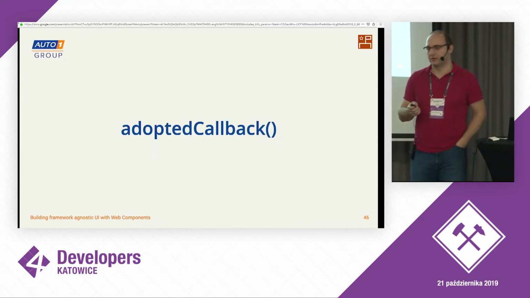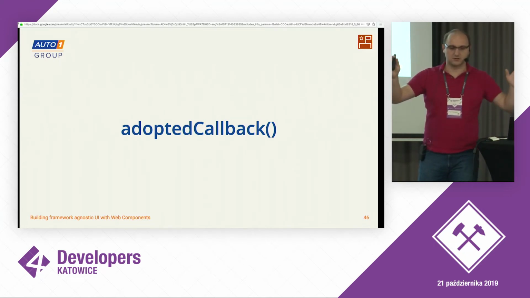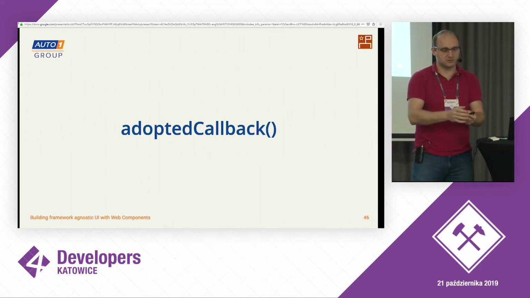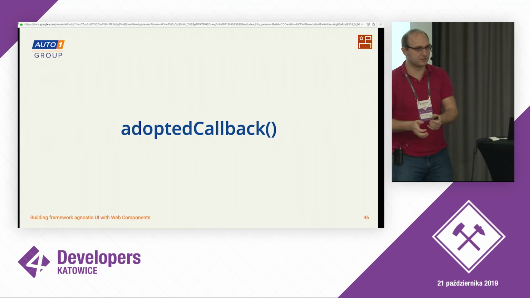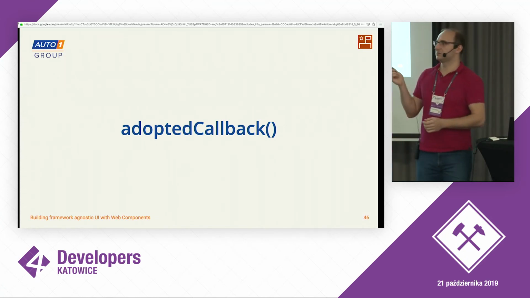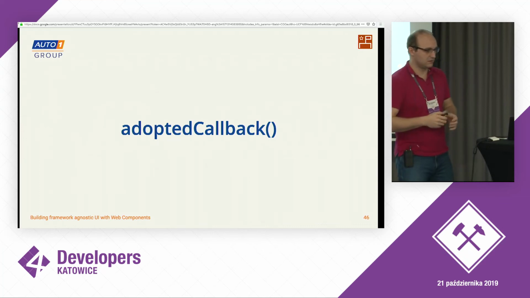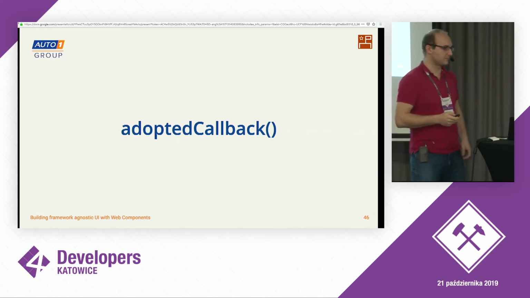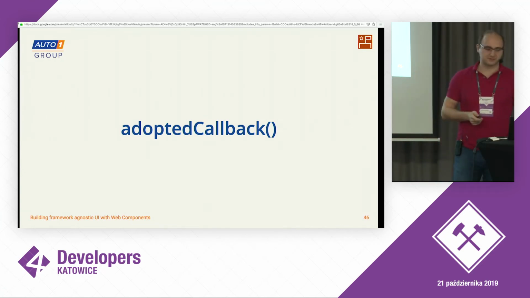By this, I mean if you are copying from, for instance, your blog website to the page that is displayed inside the iframe that is embedded on the website. So in such situations, the adopted callback is called, and you can do whatever you want whenever the parent changes, because it's all about the window that is the parent in this case.